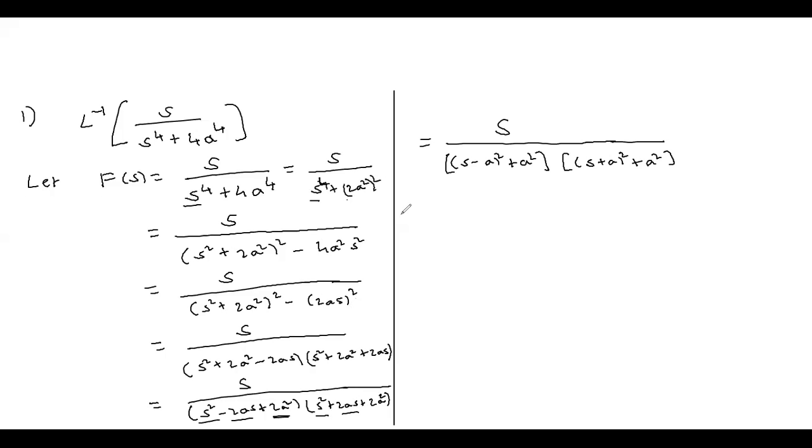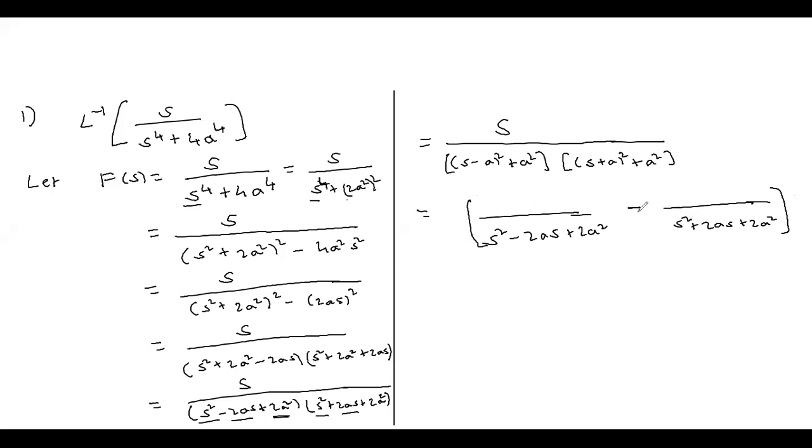Okay. So if I want to write this into partial fractions, how can I write it? s square minus 2as plus 2a square minus s square plus 2as plus 2a square. Can I write like this? If I write like this, with what value do I have to divide?